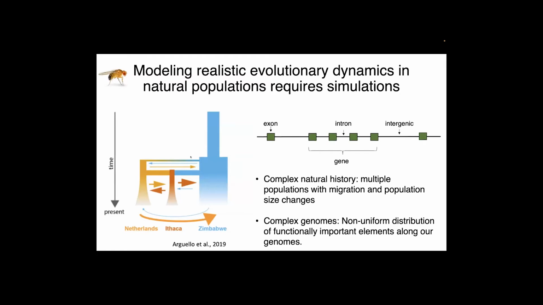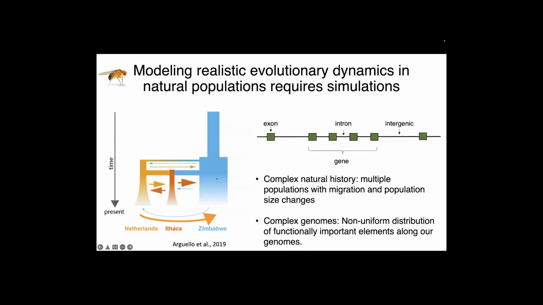On the left-hand side here, I'm showing you a complex population history of a natural population. Populations out in nature can undergo fluctuations in population size, for instance. Here I'm showing you three different colors.